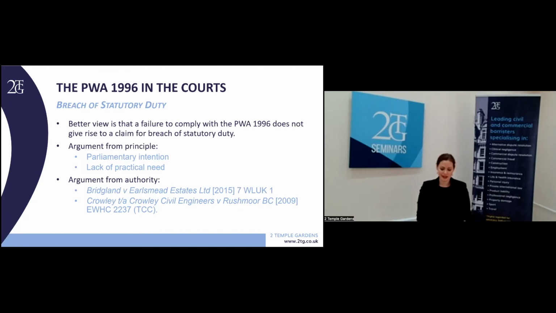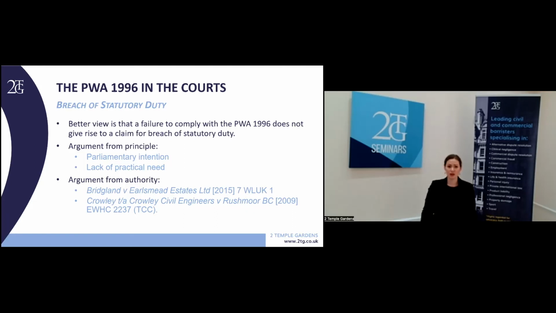Considering the authorities, well, we run into the same problem that we often do in this area. There aren't a great deal of them. The majority of reported cases on this topic were heard by the county court, so not a binding authority anyway, where generally claims for breach of statutory duty have not met with a great deal of success.